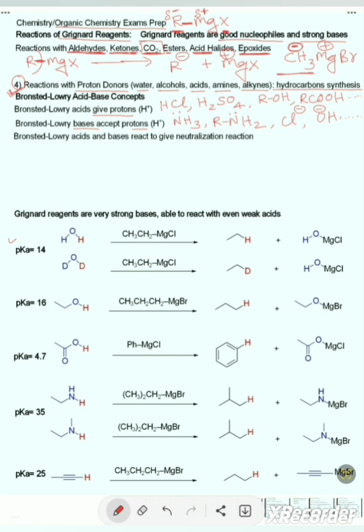Now let's see one example of how these Bronsted-Lowry acids and bases react. These reactions are known as neutralization reactions.